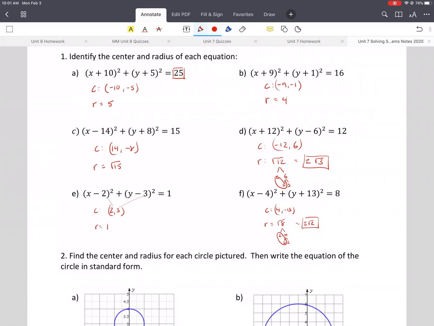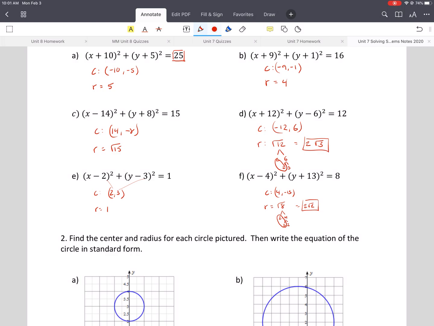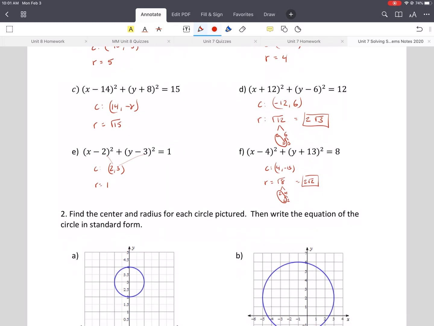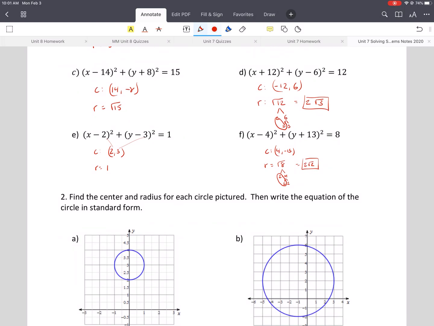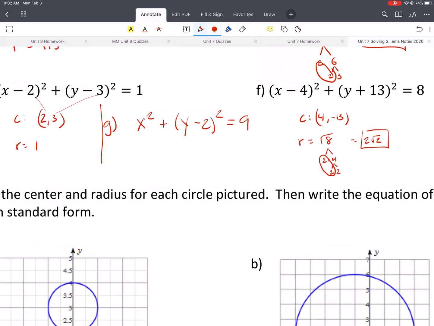We're also going to have ones where, I probably should add this for next year, an example, something that would be more like, this will be G. A problem that's something like this: x squared plus (y minus 2) squared equals 9. Something like that. So here's another example.